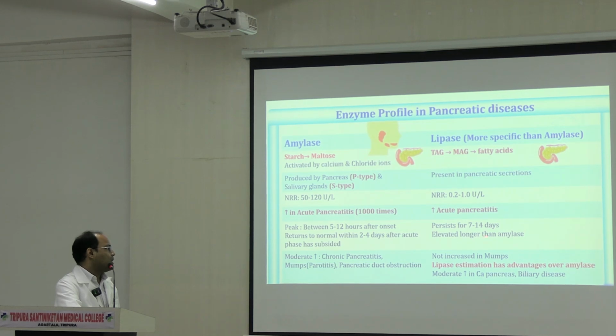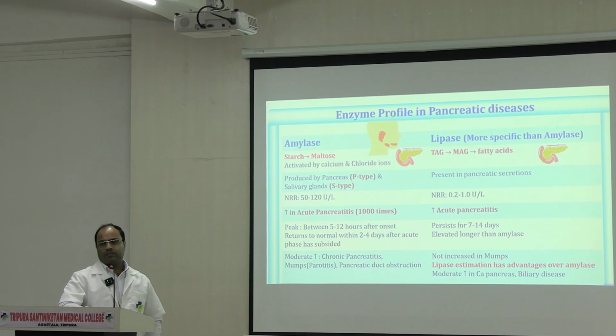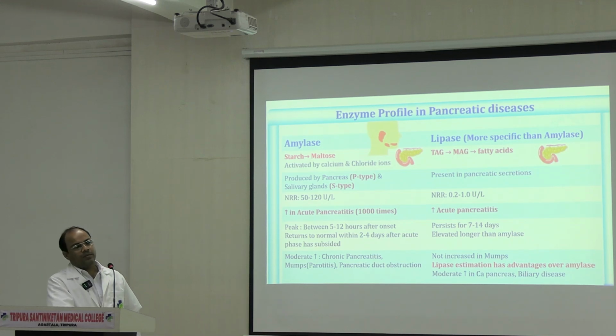Elevated longer than amylase. So by this way, you can do some serial test at 1 or 2 days interval to do pancreatic lipase and amylase estimation. You can see the amylase returns to normal after 2 to 4 days, but lipase will remain high for several days. By this way, you can diagnose pancreatitis.